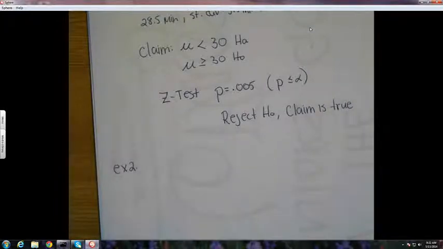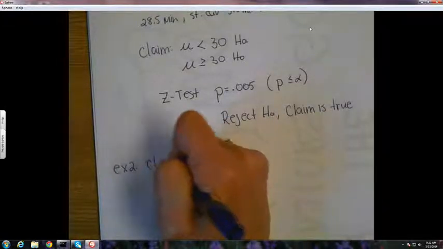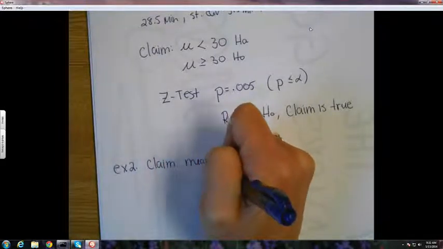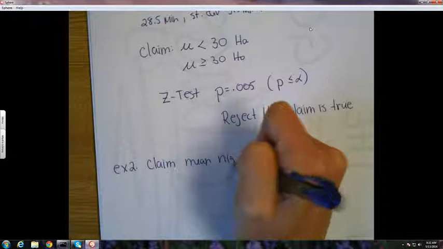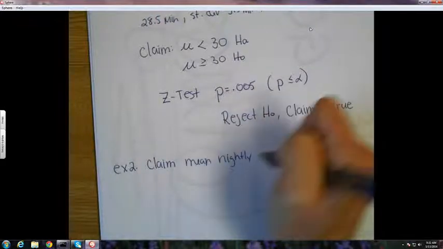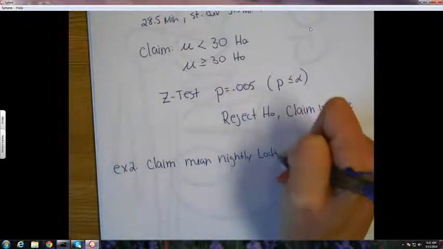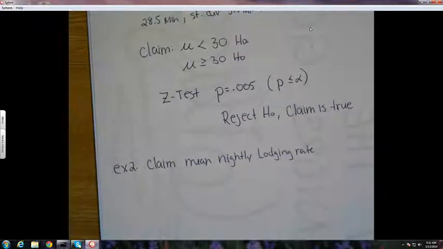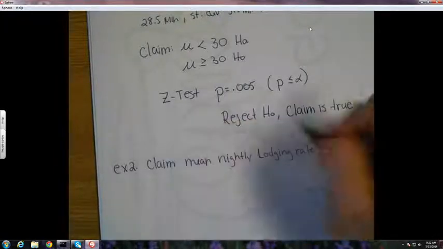Okay, the AAA Association claims that the mean nightly lodging rate for a family of 4 on vacation in California is at least $134.